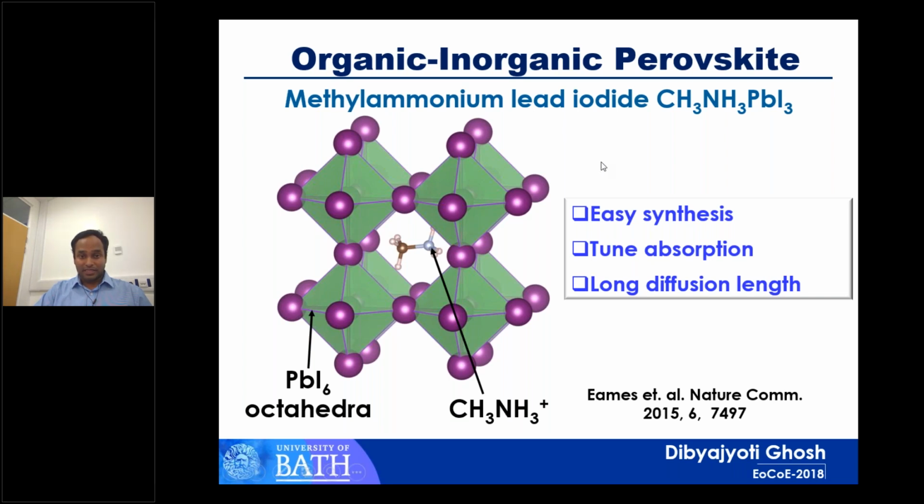As I mentioned before, these types of materials are very easy to synthesize. You can tune their absorption property quite widely by changing different halides, A site cations or B metals, and they also have a long diffusion length, so you can extract the generated carriers very easily. It has other interesting properties also, which I'm not going into detail about now. I'll come to other points later in my slides.